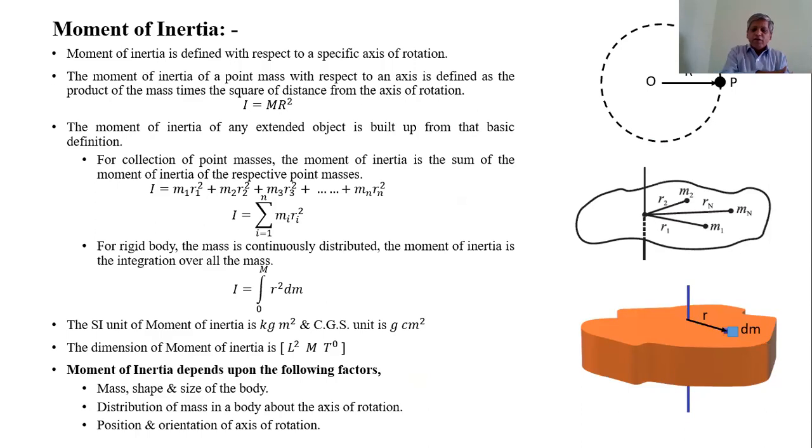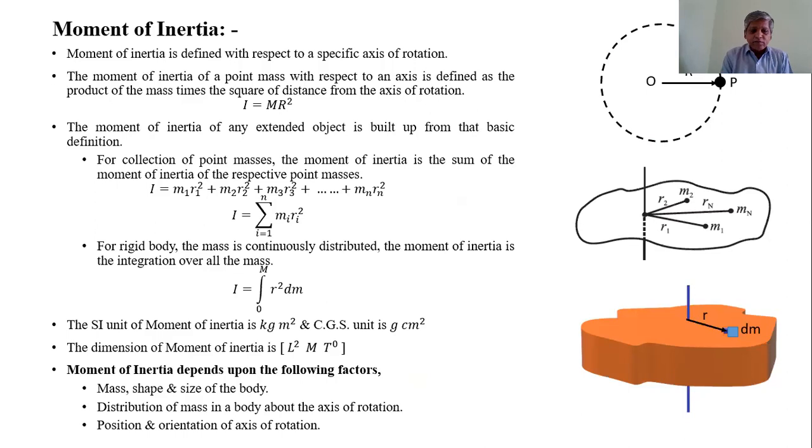Instead of a solid cylinder, we convert it into a disc-like shape, and the distribution of the mass is widely separated as compared to the solid cylinder. So their moments of inertia are different. If the shape is changed, the moment of inertia will change; if the size is changed, it will also change.